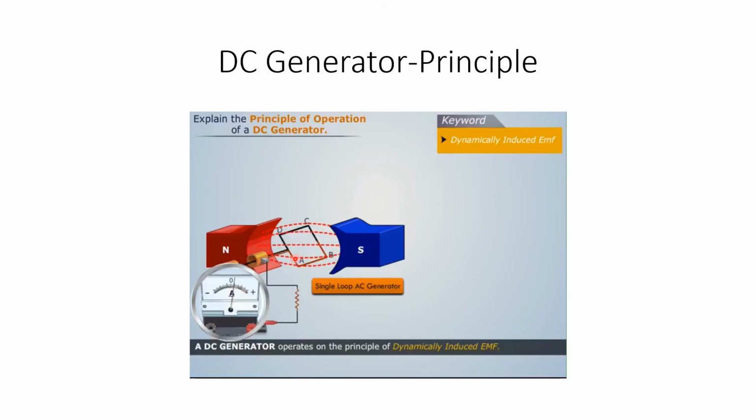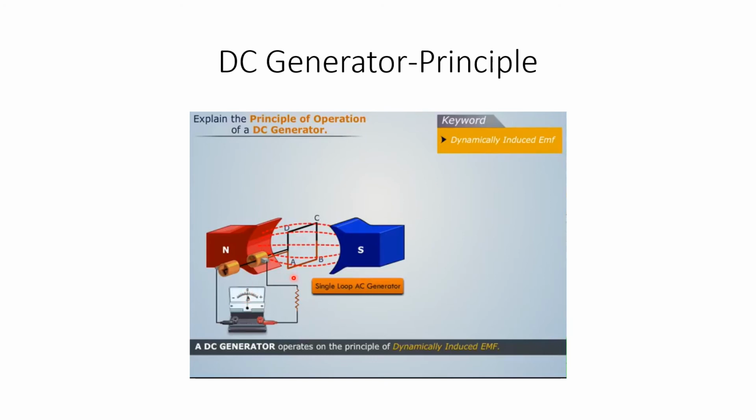This is a single loop AC generator, so there will be a small amount of current. If it is perpendicular to the flux, the current is maximum.